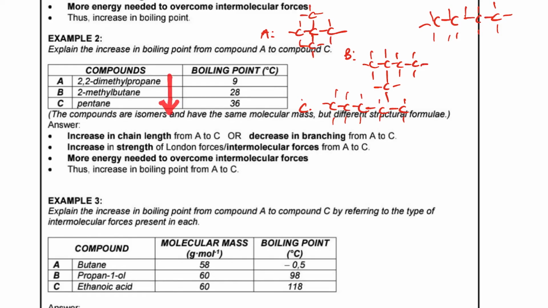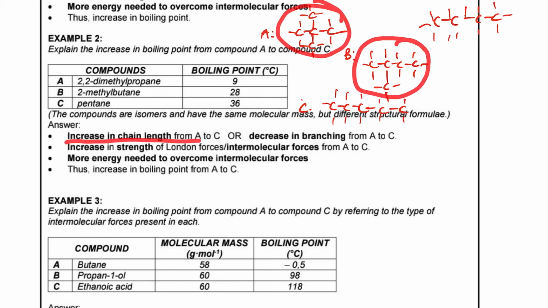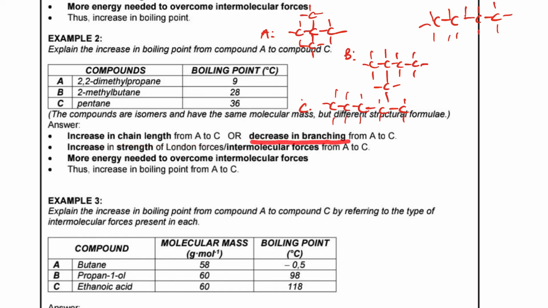The more it's becoming less branched, the more the chain length increases. If you can see here, the chain length is smaller, it's becoming bigger and bigger. The chain length increases from A to C, or the branching decreases from A to C.